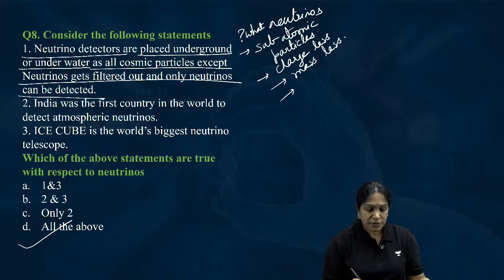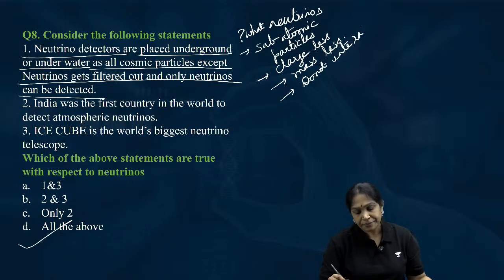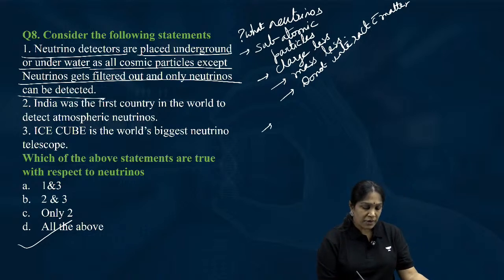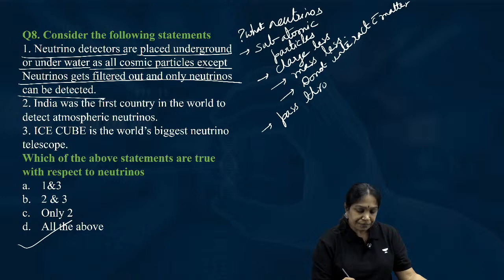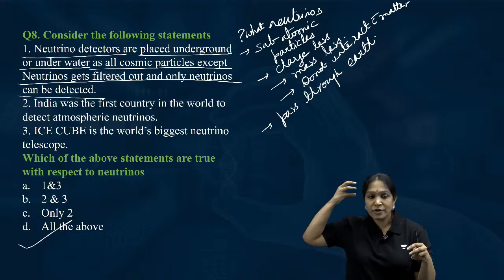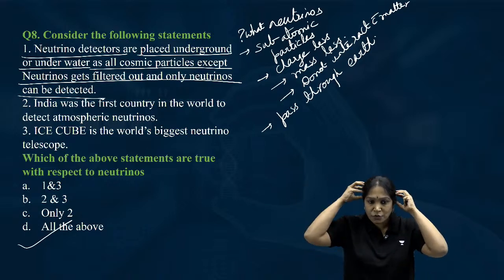So, they do not interact with matter. So therefore, they can simply pass through the complete earth. It means probably some neutrinos are right now passing through my body.